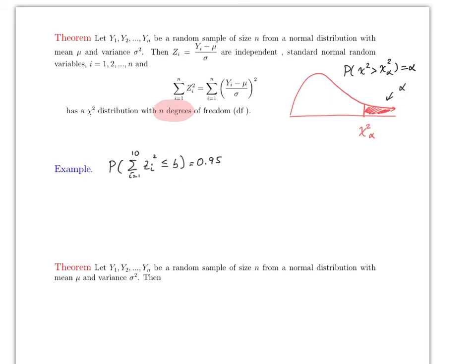Okay, so this is what I mean. This one is telling you, find a value of b where this area is 0.95, which automatically implies that this one has to be 0.05. Remember that this one has a chi-square distribution where the degrees of freedom is equal to 10, because that's the value for n.